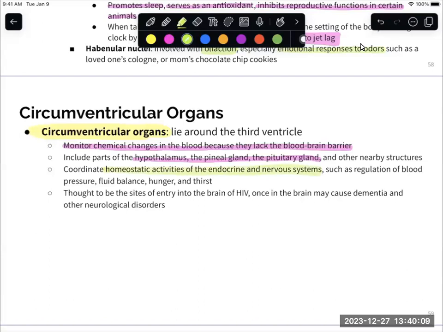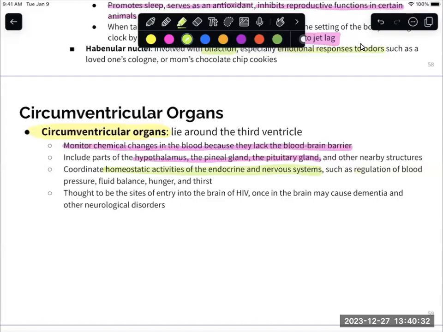Endocrine are those hormones. So we're monitoring chemical levels. We need to monitor hormone levels in the blood for the hypothalamus. So we know we need to release releasing hormones versus inhibiting hormones.